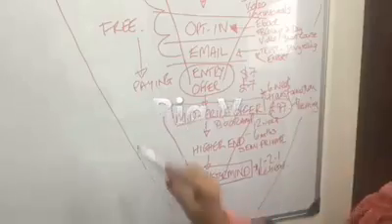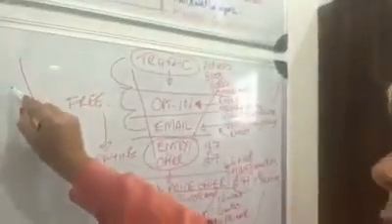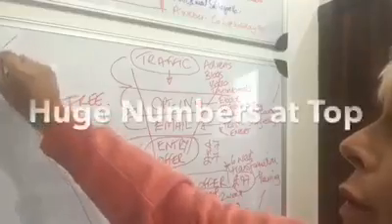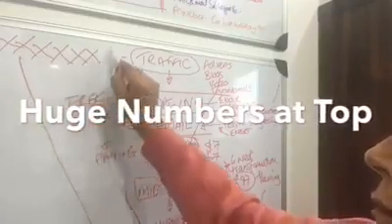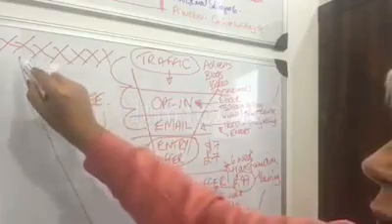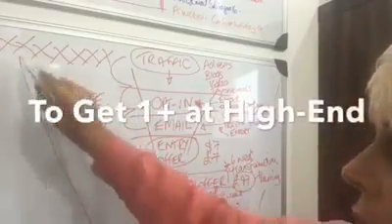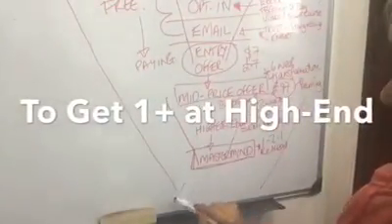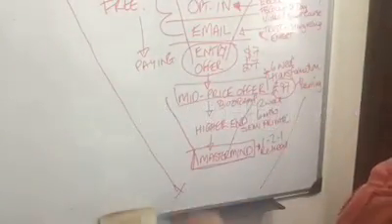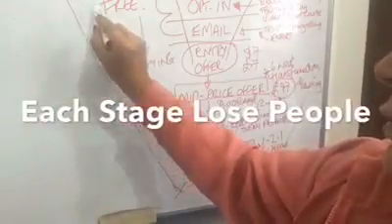In other words, at the top, you need a huge amount of people to take just one down to the very bottom, because at each stage you lose people.